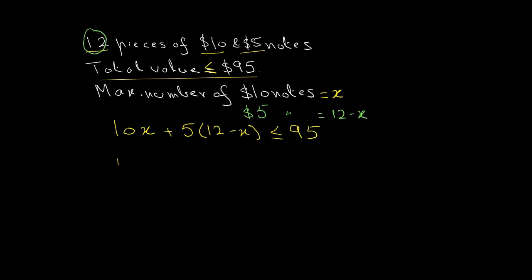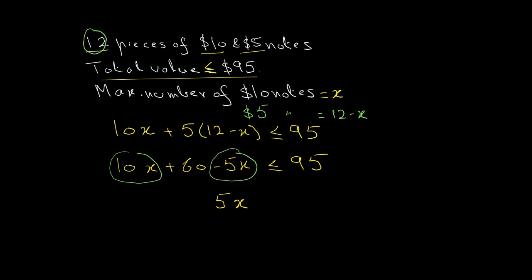So now we can very easily solve it. This is going to be 10x plus 60 minus 5x is less than or equal to 95. So I can say 5x, because you can see 10x minus 5x is equal to 5x, is less than or equal to, now please note, I'm just going to flip a sign: plus 60, once it goes to the left-hand side, will become a minus 60.